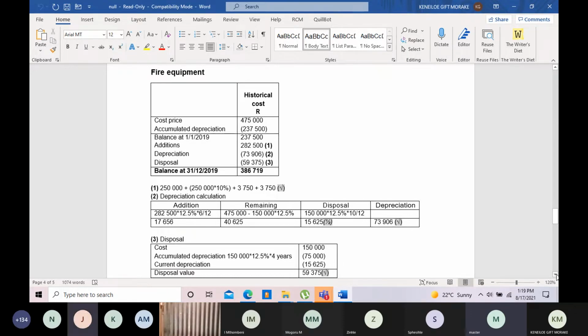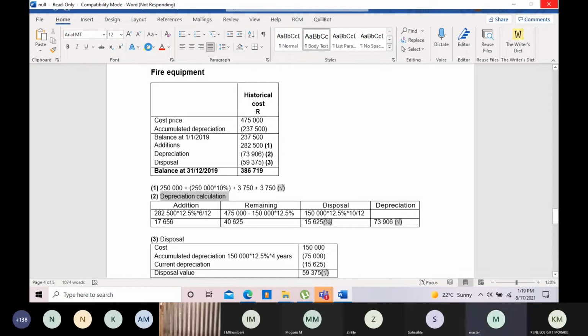That box there says historical cost, and then there are these amounts. But I'll solve that problem now. Please switch off your camera.